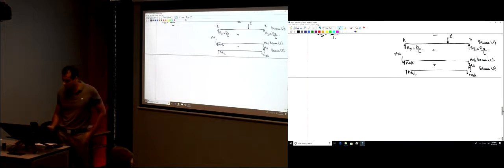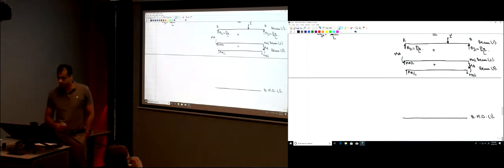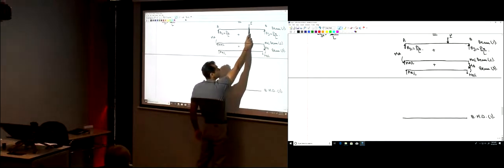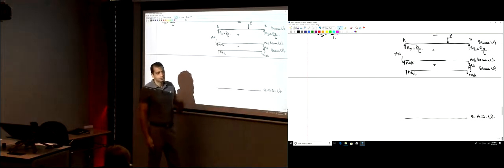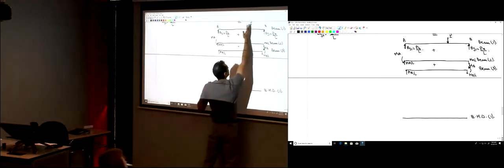So how would the bending moment diagram for beam 1 look like? This is beam 1. How to draw the bending moment diagram? Find the moment at the critical points. Here, here. How much is the moment at point A and B? 0. And then you need to find the moment here. This is one of the critical points. How to find the moment at this point? Break your beam at this point, and take the moment here.